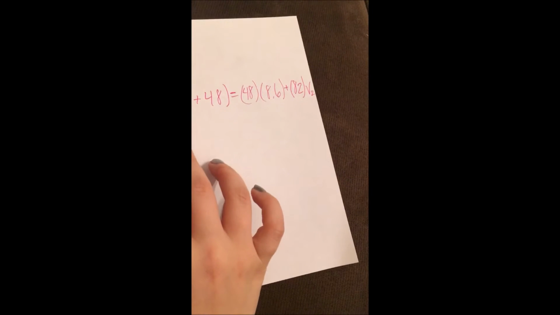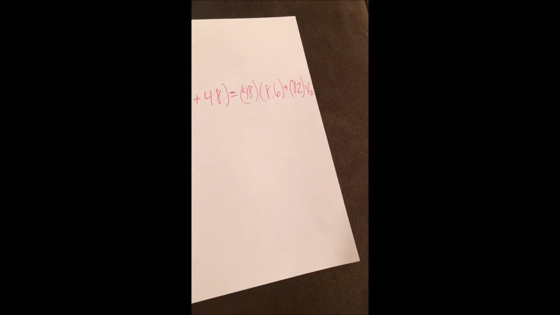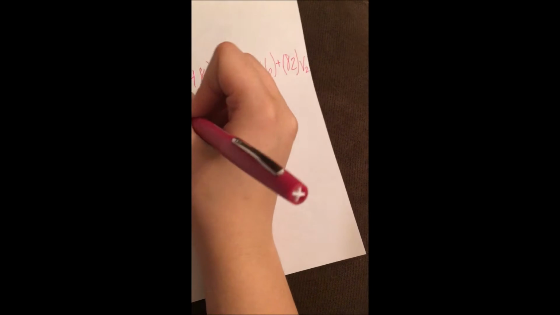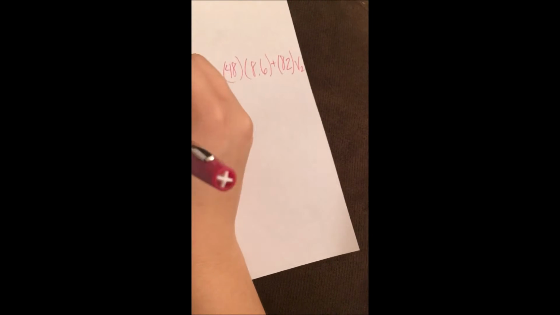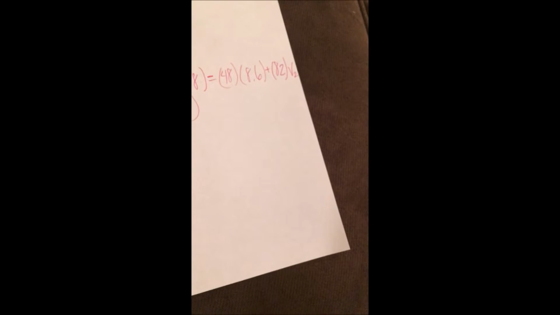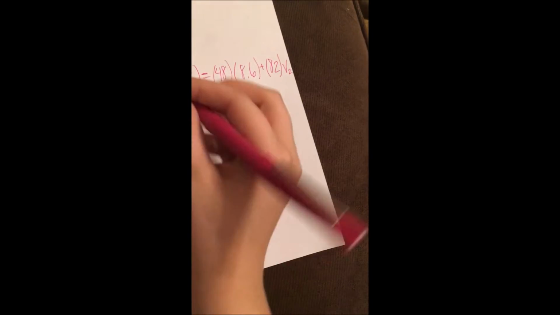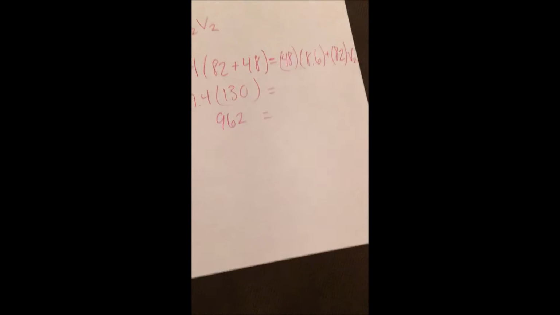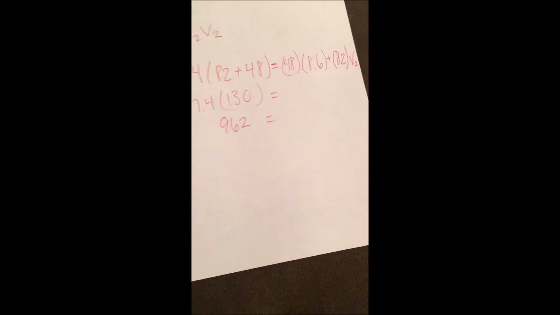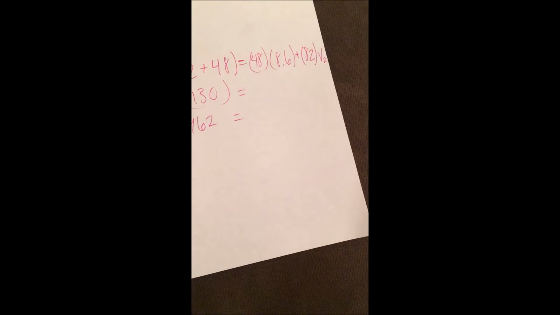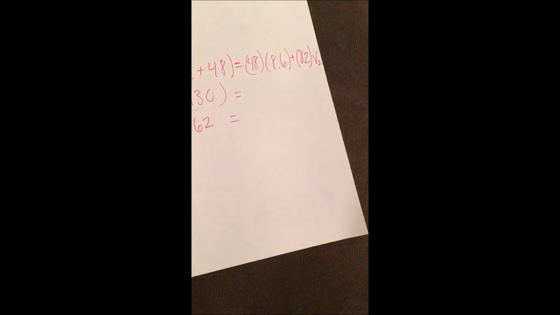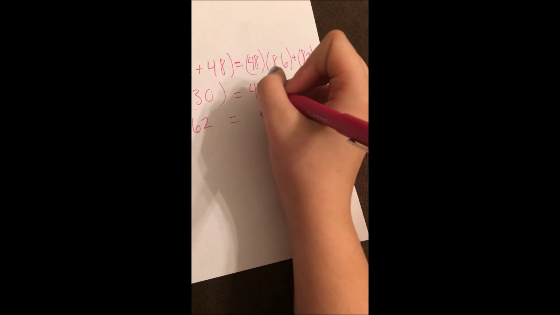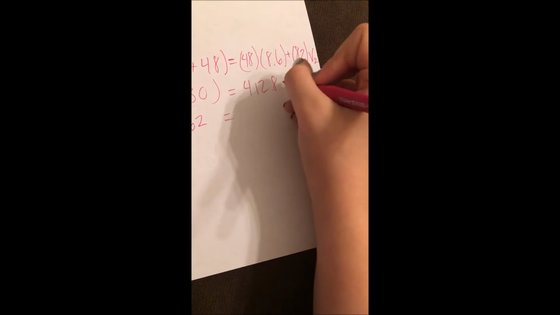So, we first need to add up 82 plus 48. This is 130. 130 times 7.4 is 962. Now we have 48 times her final speed, which is 8.6. This is 412.8.